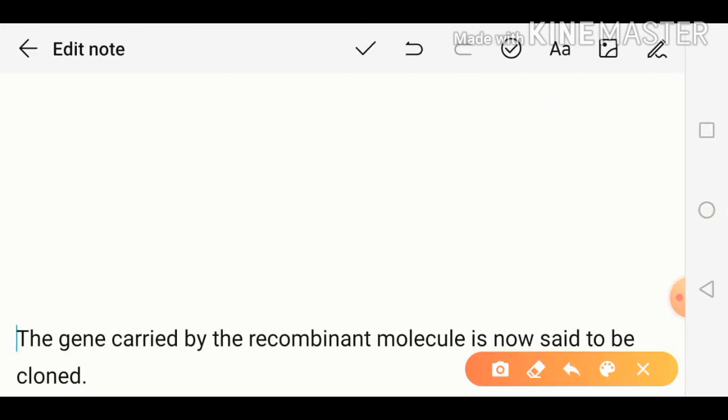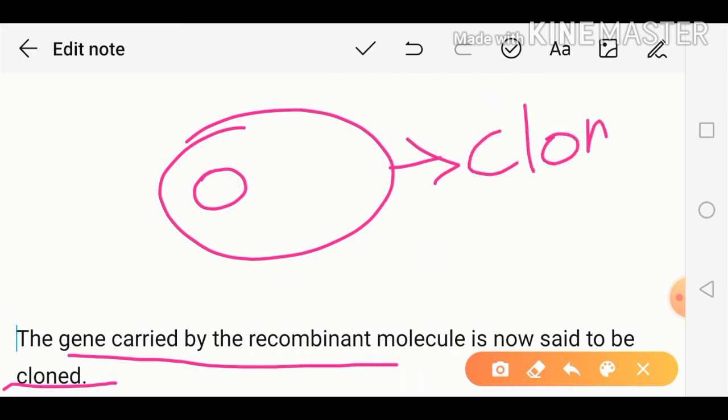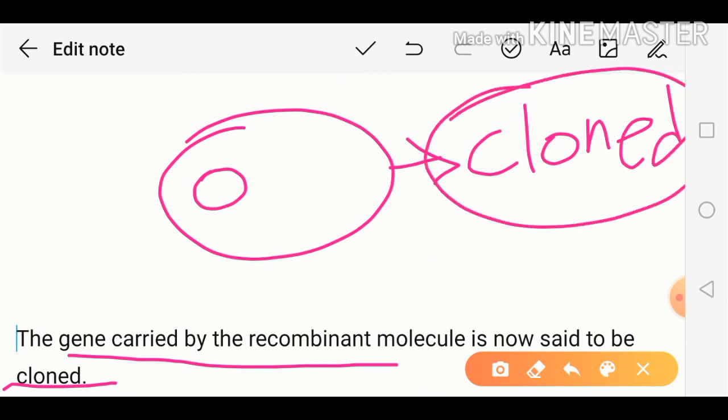And lastly, the cell which carries the recombinant DNA molecule is now called a clone. Those bacteria which contain the desired DNA molecule, that colony is said to be the clone colony, and it is identified by different methods.